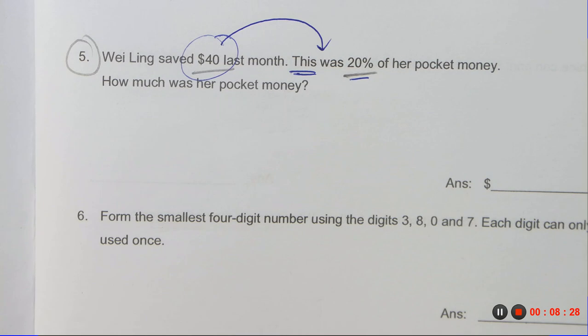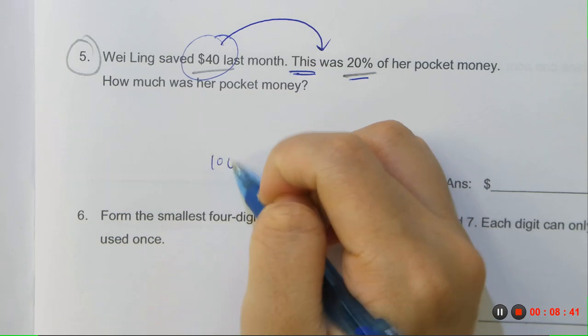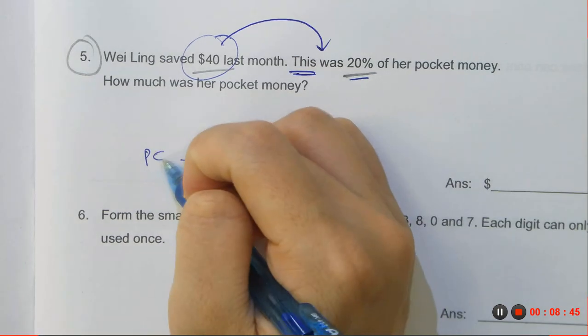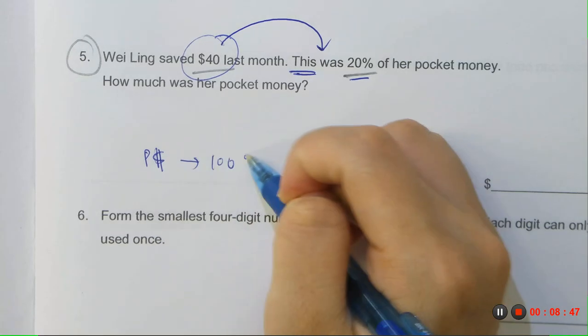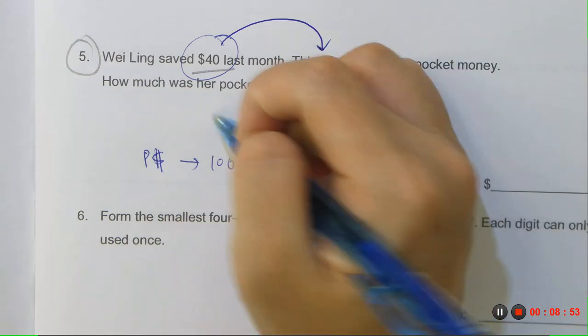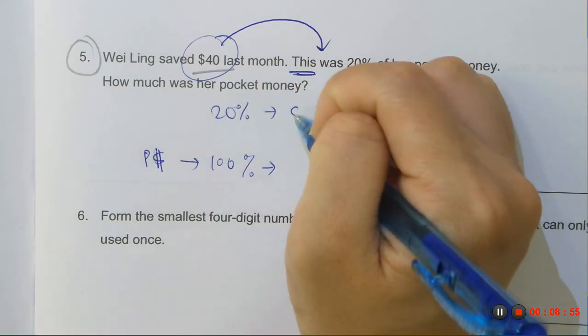This was 20% of her pocket money. Okay, Aiden, what is the percentage of her whole pocket money? 100%, very good. So the pocket money, the whole of it, is 100%. How many percent were we given? 20%. 20% is $40. Is there a shortcut to it?